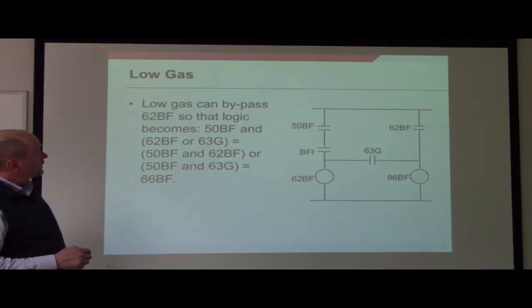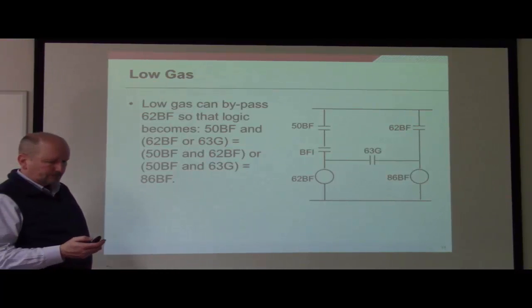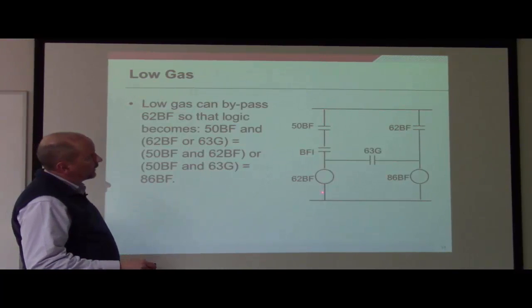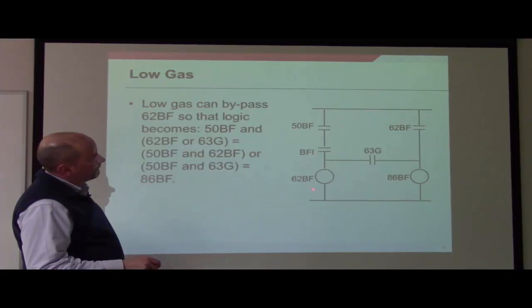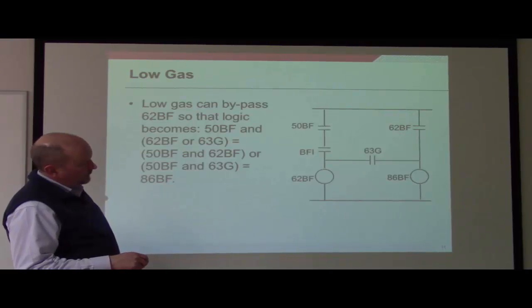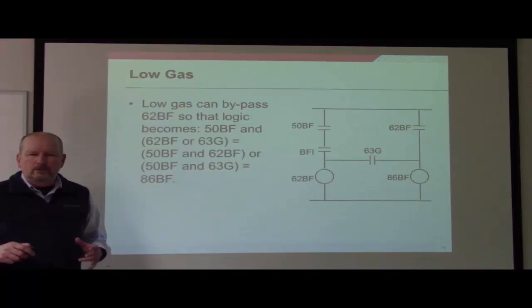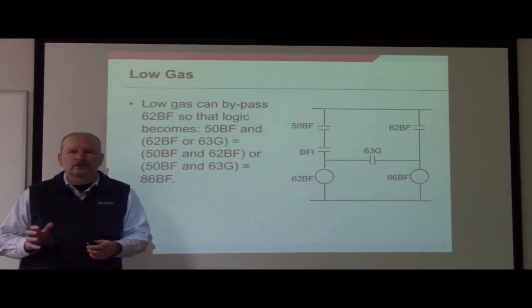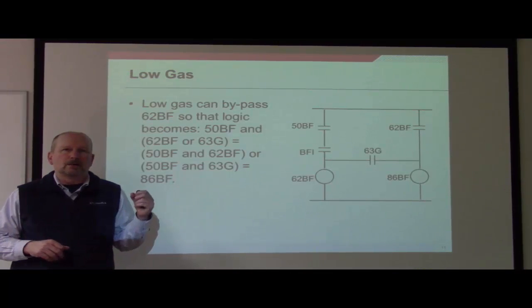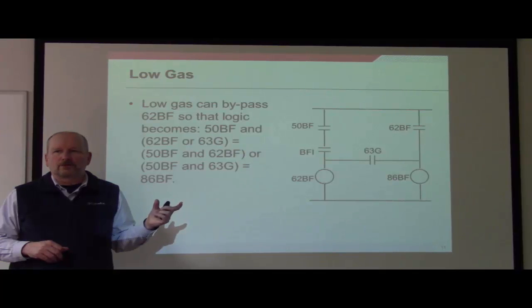Okay, one last concept I want to leave you with. This is the normal breaker failure logic that I've shown you. And I came up with this a few years ago. I had a client who, for their breaker control scheme, would block operate for the breaker for low gas.